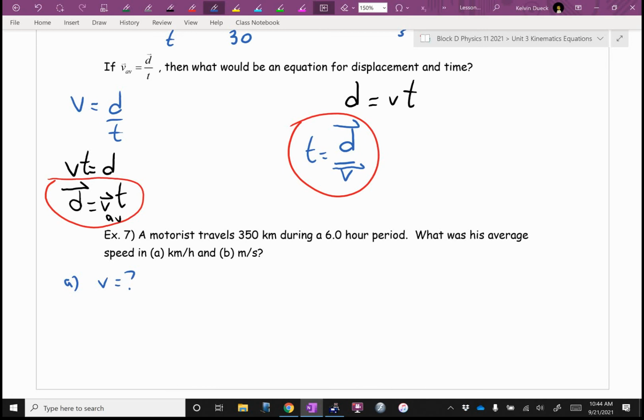Then I go back and I look for numbers and physics words. I scan the question for numbers and physics words, and I haven't taught you any physics words yet. We'll get there. But for now, what's the first number you see? 350. What are the units right next to that 350? Is that time?